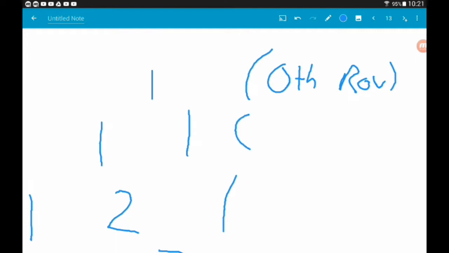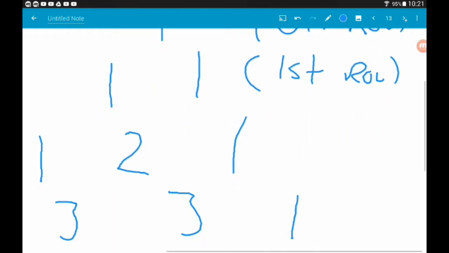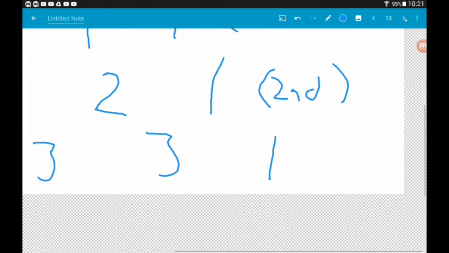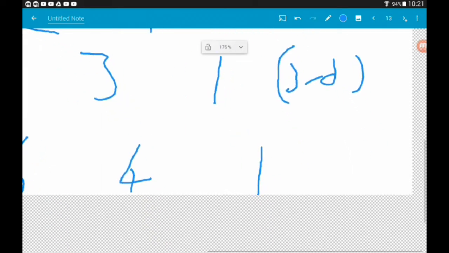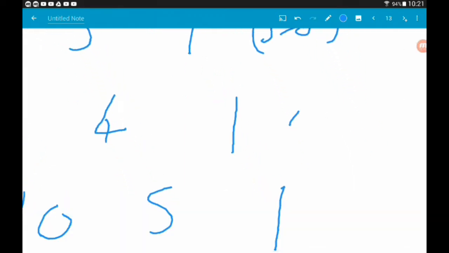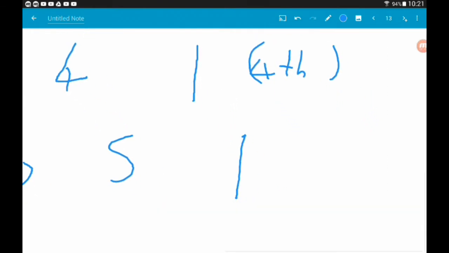The second row is the first row, the third row is actually the second row, and then etc, etc. So then we've got our third row, and our fourth row, and then our fifth row.